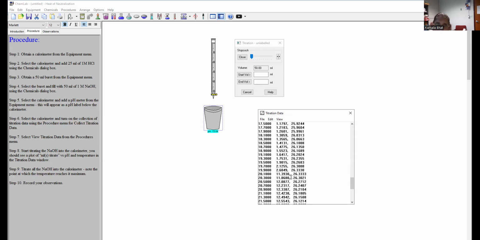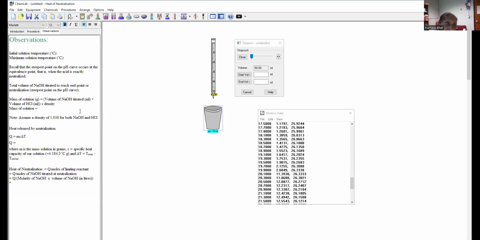Use this to enter in your observation and complete the calculations, because you know that Q is equal to mc delta T. Then use the values of m, c, and delta T with the assumption they have given: what the density of the solution is, what would be the mass of the solution, and what is the specific heat of the solution. You can calculate your delta H per mole of the limiting reagent. And with that, I'm going to stop the share.